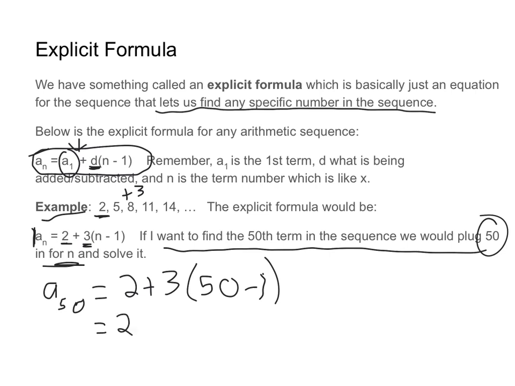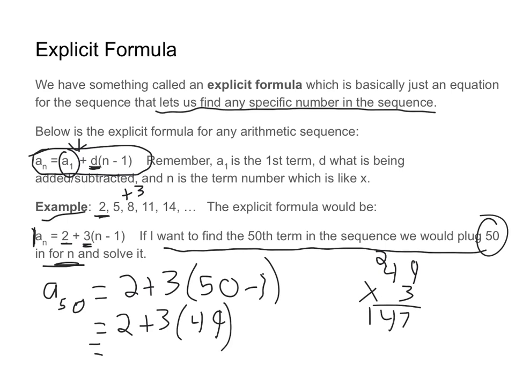But remember, do what's in parentheses. So 50 minus 1 is 49. And then we would do 3 times 49. I should have brought a calculator out here to make this quick, but I'll do this over on the side real quick here. If I did that right.